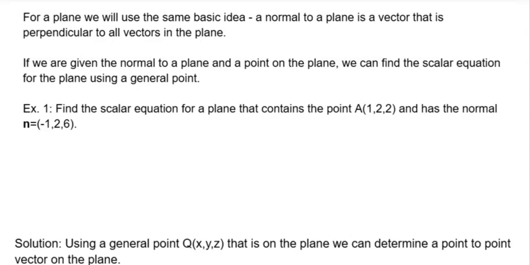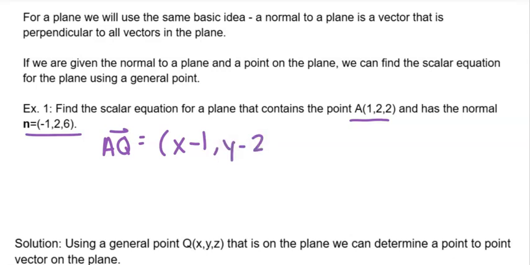So let's find the scalar equation for a plane that has the point A(1, 2, 2) and the normal n, negative 1, 2, and 6. Okay, so first we're going to find the vector AQ, such that x minus 1, y minus 2, and z minus 2.